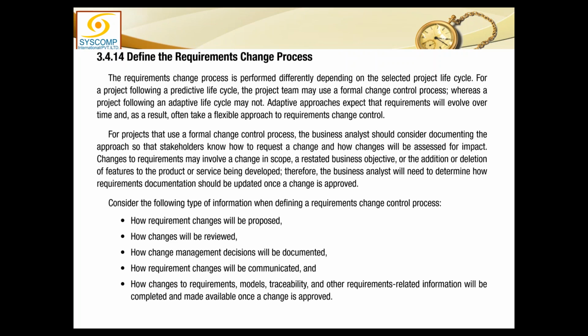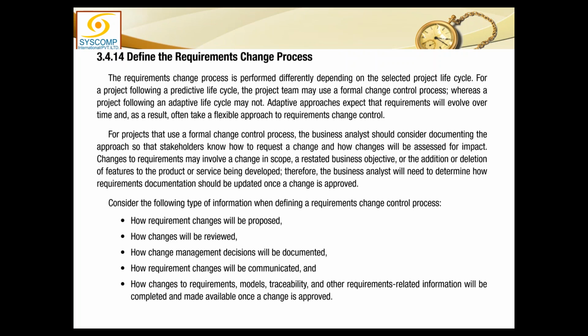For a project following a predictive life cycle, the project team may use a formal change control process, whereas a project following an adaptive life cycle may not, because an adaptive life cycle is free format. Adaptive approaches expect that requirements will evolve over time and, as a result, often take a flexible approach to requirement change control. For projects that use a formal change control process, the business analyst should consider documenting the approach so that stakeholders know how to request a change and how changes will be assessed for impact.